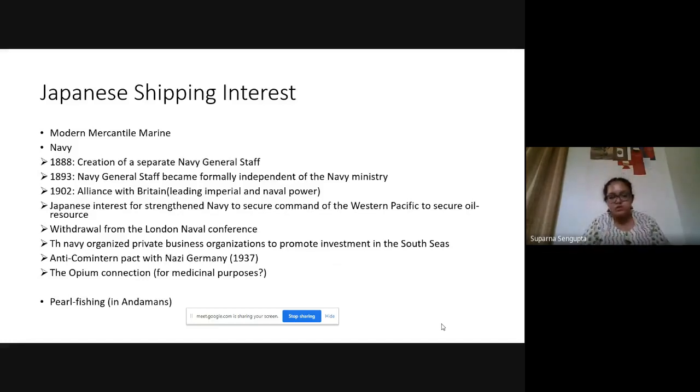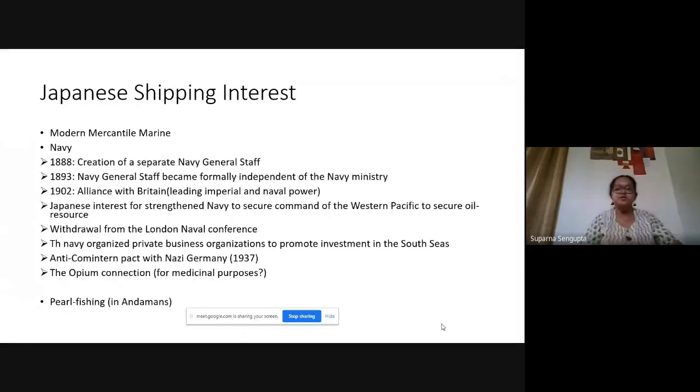Then Japan also withdrew from the London Naval Conference and organized much of the private business organizations to promote investment in the South Seas. It is with all of these developments marching on that we have Japan signing an anti-Comintern pact with Nazi Germany in 1937.